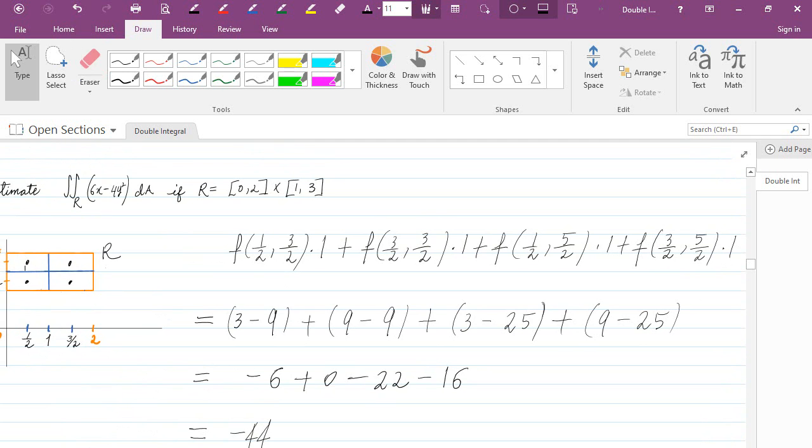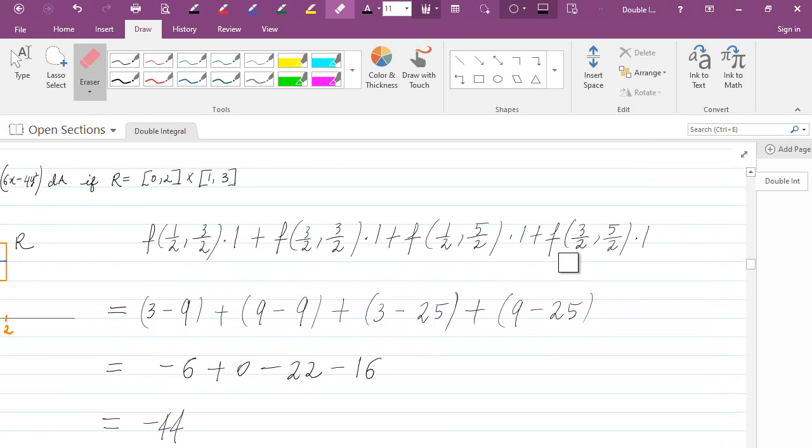So now we just evaluate the function at these points. So f of 1/2 comma 3/2. If I replace x by 1/2, y by 3/2 here, then we end up with 3 minus 9. If we replace x and y by 3/2 and 3/2 here, then we are going to get 9 minus 9. Replacing x and y by 1/2 and 5/2 here will give us 3 minus 25, and f of 3/2 comma 5/2 would be 9 minus 25.